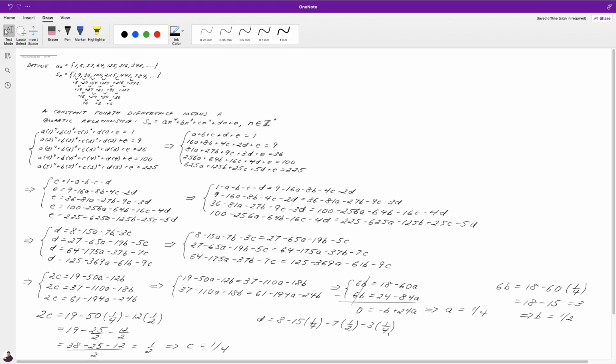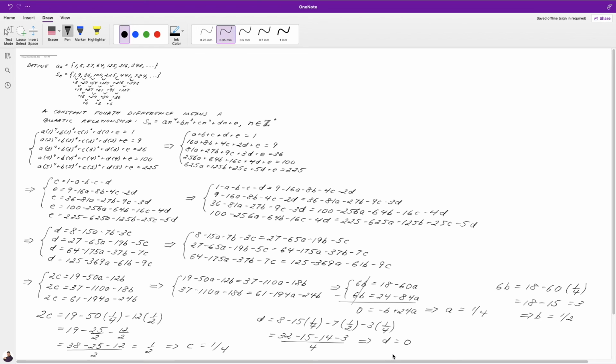Indeed, we did. Okay, well, common denominator here is going to be 4, so it's just going to give us 32 minus 15 minus 14 minus 3 over 4. Okay, so checking that. Yeah, good. So 32 minus 15 is 17. 17 minus 14 is 3, and 3 minus 3 is 0, so D equals 0.